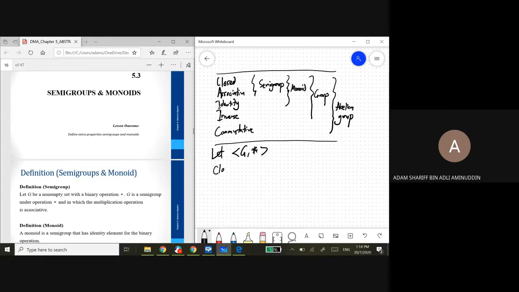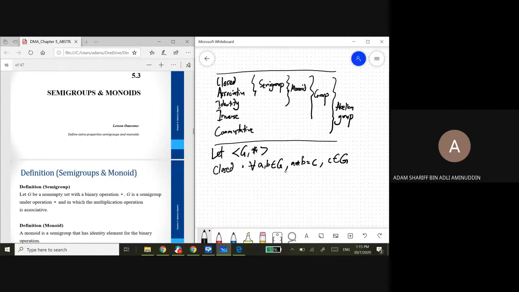Closed means that for every two elements in the given set, A binary operation with B will produce a new element, and this new element must also be contained in the same set G. Just to remind you, in case you forgot.